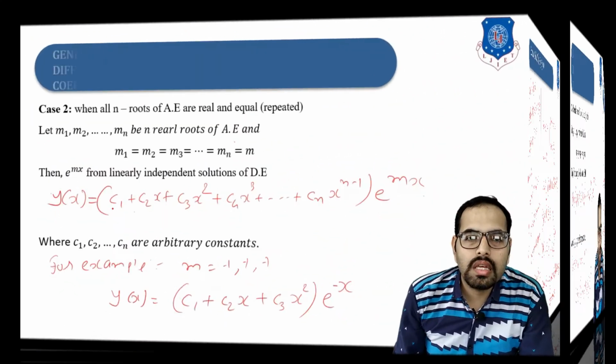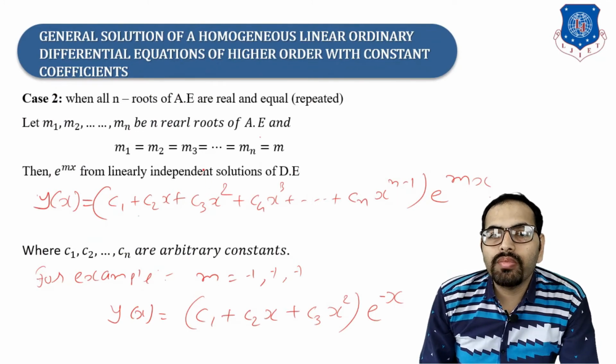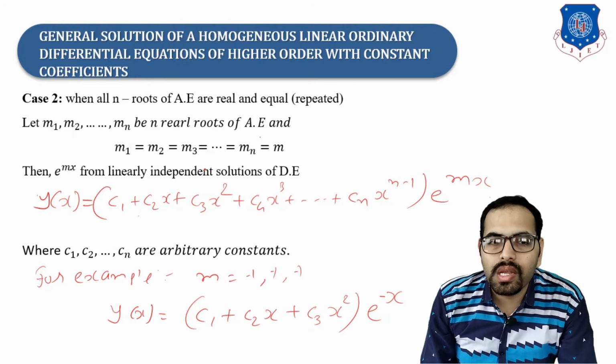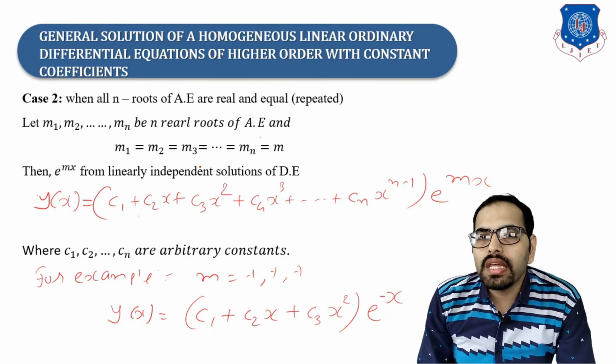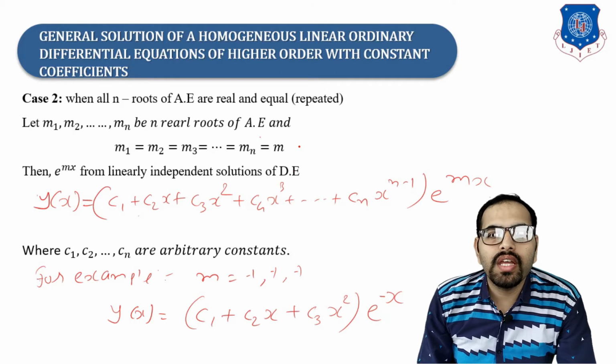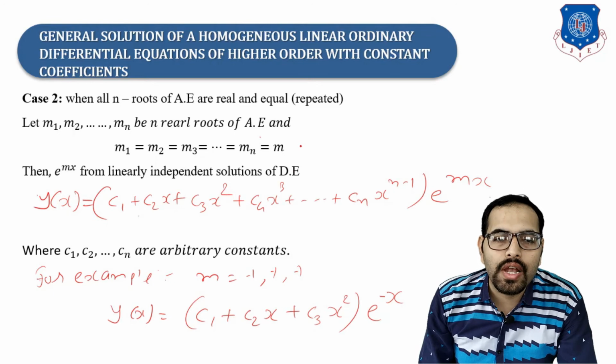Let's see case 2. When all the n roots of the auxiliary equation are real and equal, that means repeated. Let m1, m2, m3 up to mn be the real roots of the auxiliary equation. That means m1 equal to m2 equal to m3 and so on equal to mn is equal to m, meaning each and every factor has the same value.